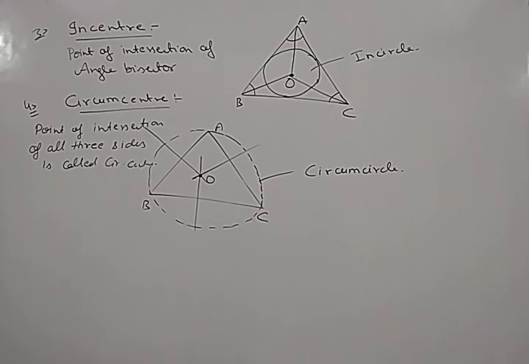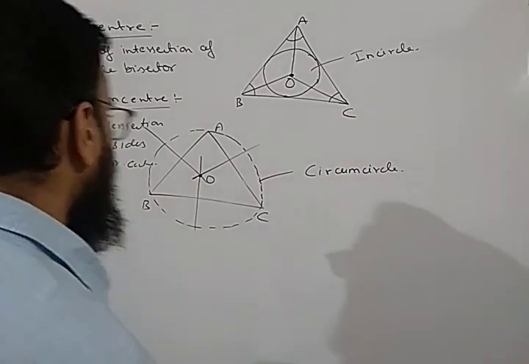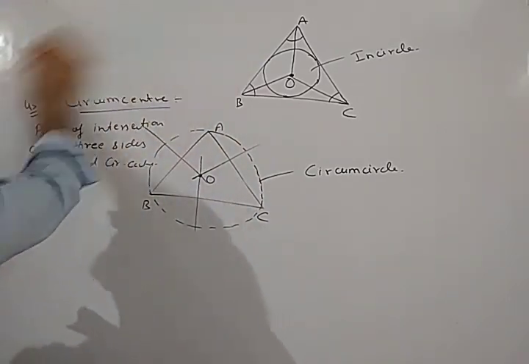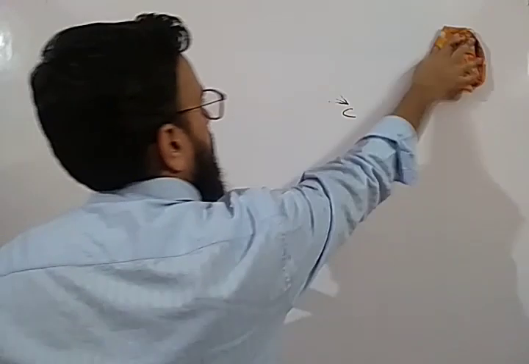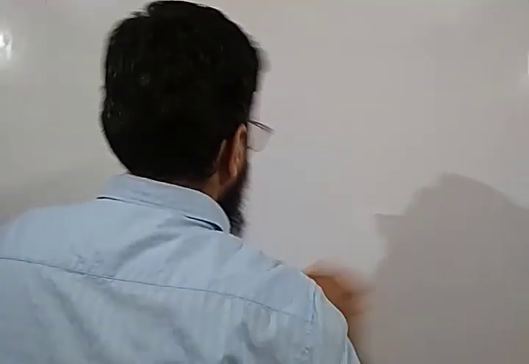So these were some basic points regarding triangle. Now we are going to start with the first theorem of triangle. So let us start the chapter triangle with the first theorem of the triangle.